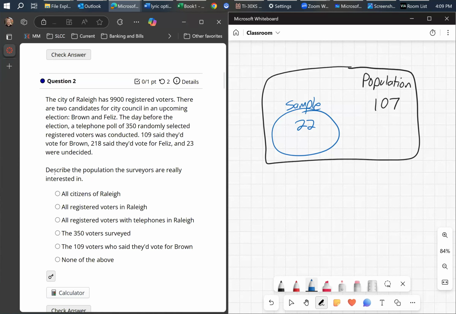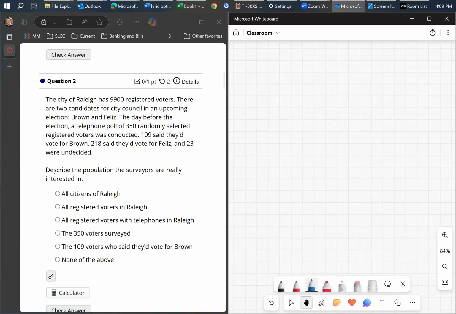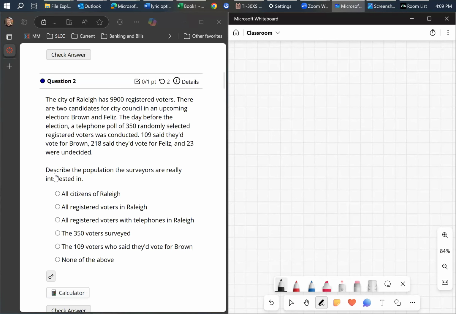Okay, so these surveyors are surveying for an election, so they care about who is voted in. If we look at these options, all citizens of Raleigh, no, they don't care about the people that don't vote or can't vote. All registered voters, yeah, that's who they're interested in. All registered voters with telephones, that's actually who they're finding out about, but that's not who they're interested in.